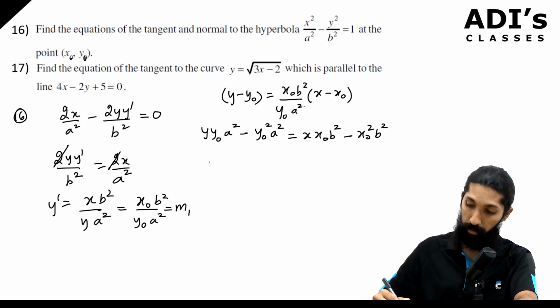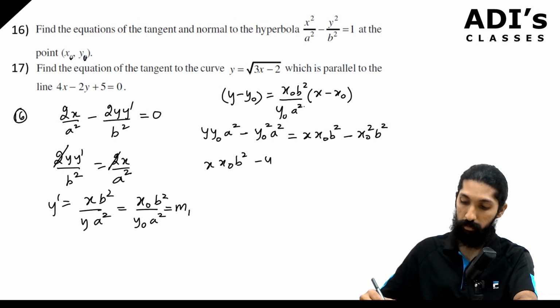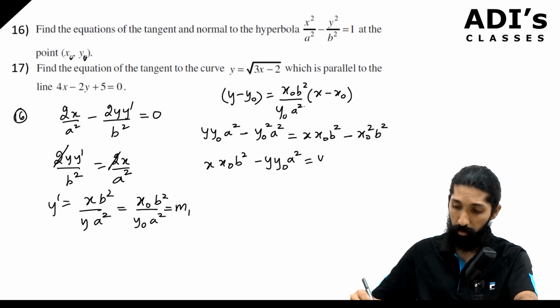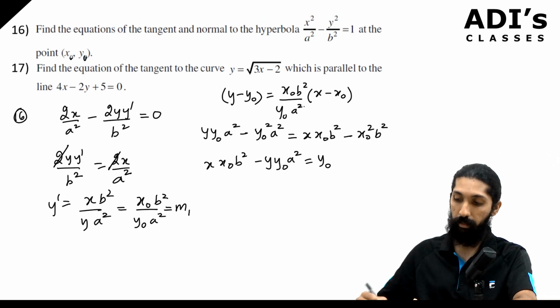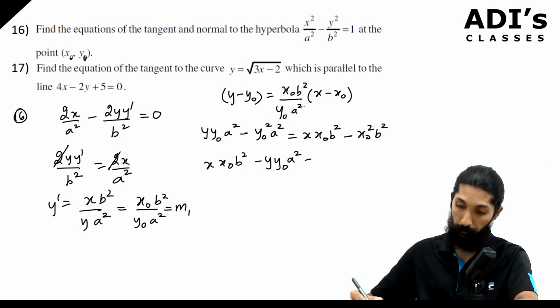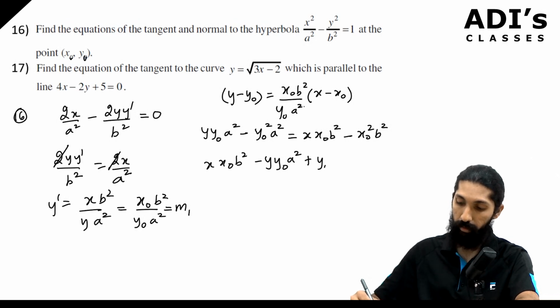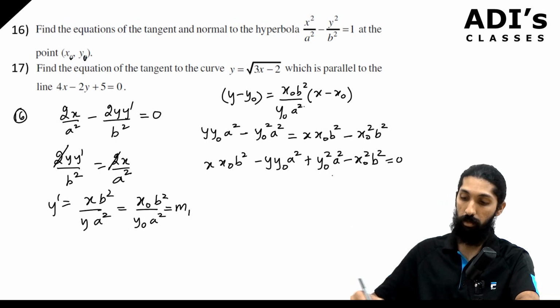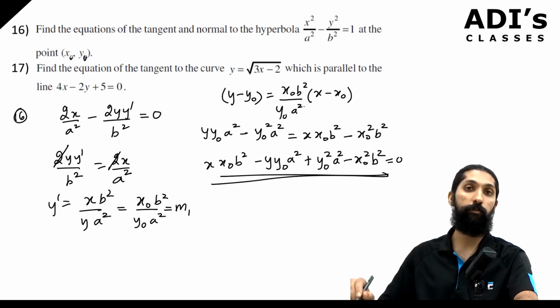So you can just take it as x naught b square minus y naught a square is equal to, or you can take it the other way around. In the sense, take the y naught a square on this side. So plus y naught square a square minus x naught square b square is equal to 0. This will be the equation of the tangent.